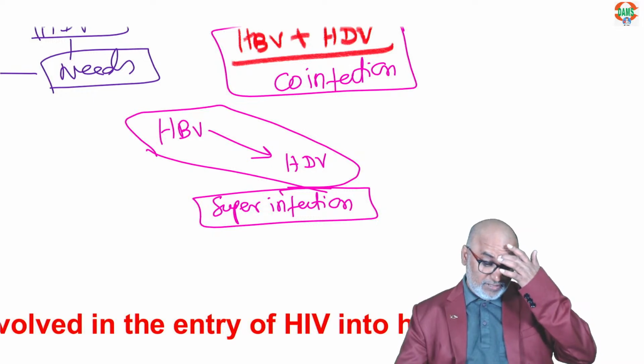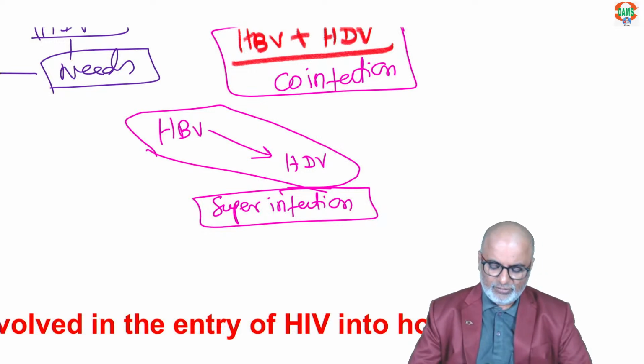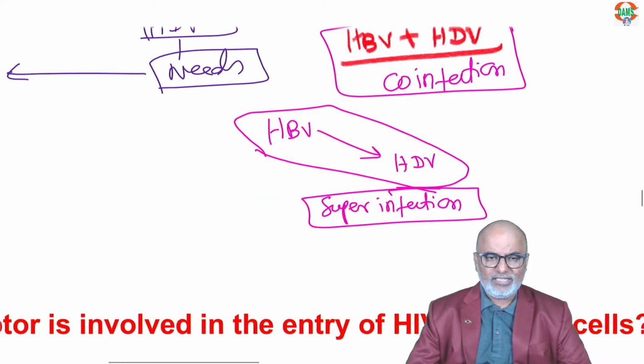One is co-infection, another is super infection. Superinfection is more dangerous than co-infection.